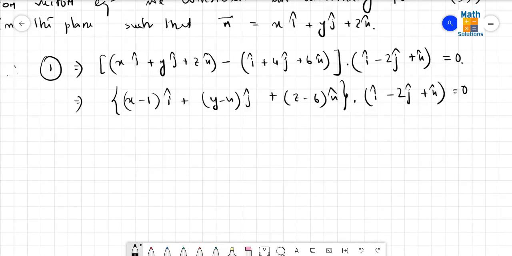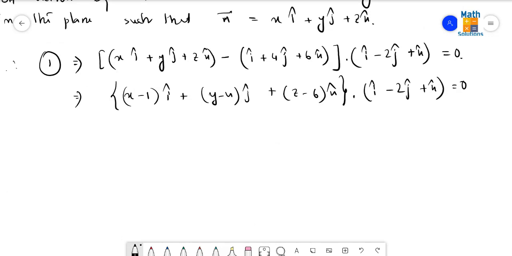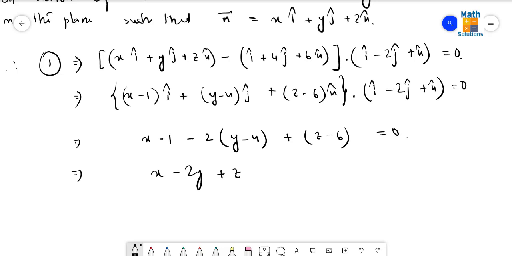So after this what shall I get? After finding out the dot product, this will be x minus 1, minus 2 into y minus 4, plus z minus 6 is equal to 0. So what could be written? x minus 2y plus z, then minus 1 plus 8 minus 6 is equal to 0.